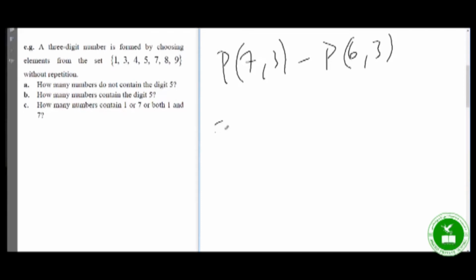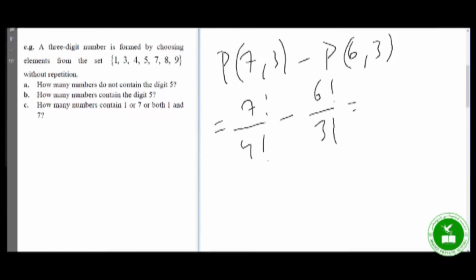So it's equal to 7 factorial over 7 minus 3 factorial, which is the total number of 3-digit numbers that can be formed from these 7 digits, minus permutation of 3 from 6, or the numbers which do not contain 5, 6 factorial over 3 factorial.